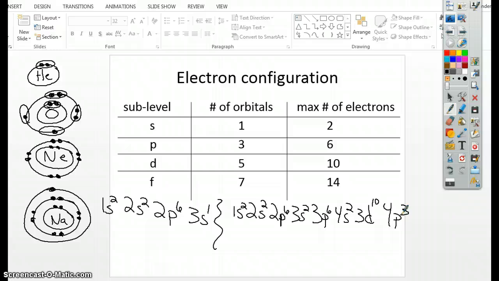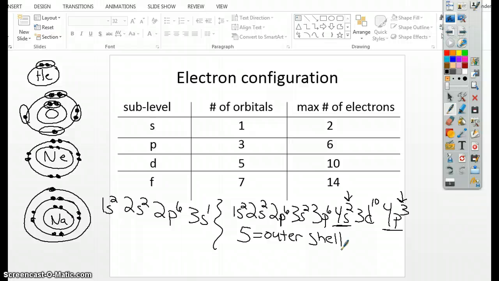I have 1s, 2s, 3s, and I see some 4s here. So I look to see how many electrons are at the 4 energy level. I have 2 sitting here, and I have 3 sitting here. So I have a total of 5 electrons at the highest energy level. That's my outer shell electrons. The highest energy level you wrote down, you add up all the electrons at that energy level. That's your outer shell electrons. It will never be more than 8.